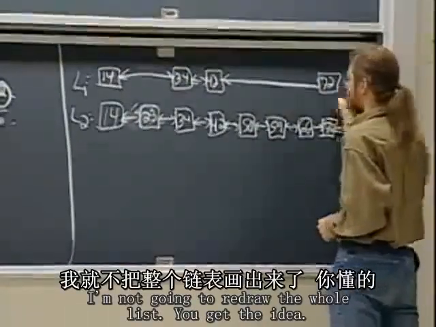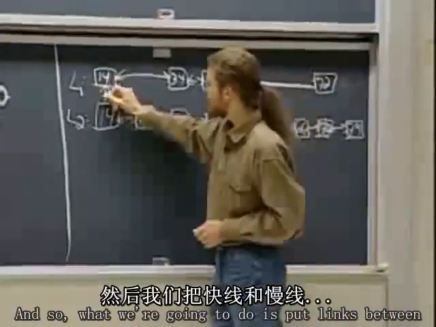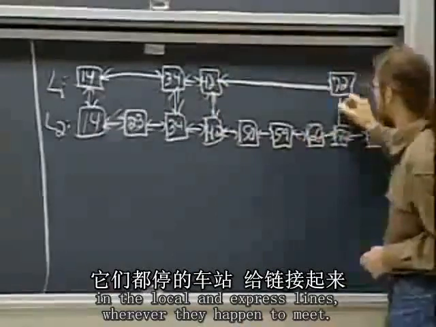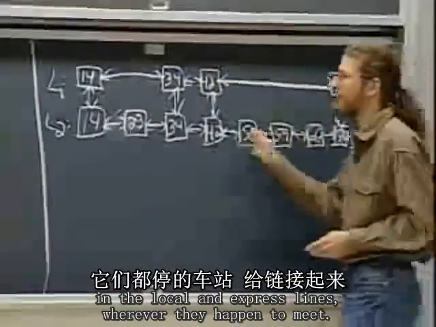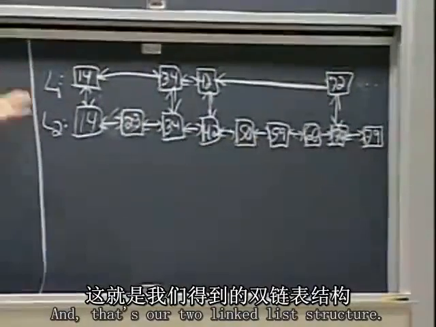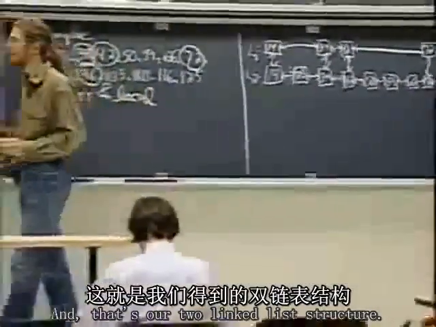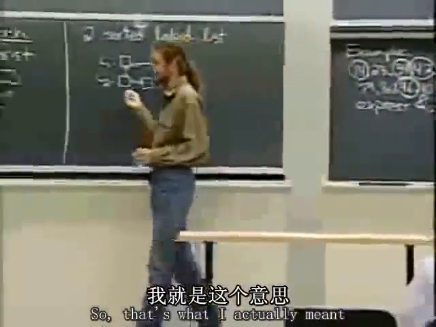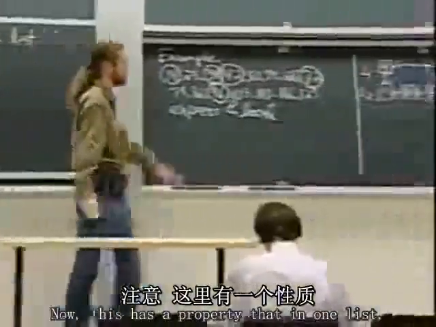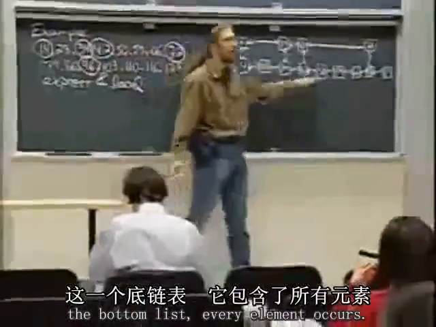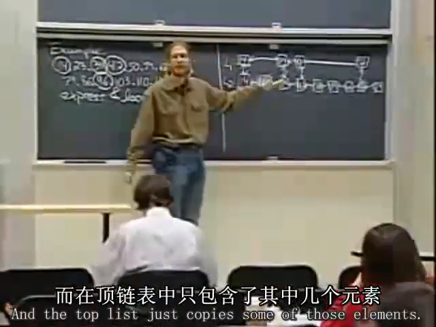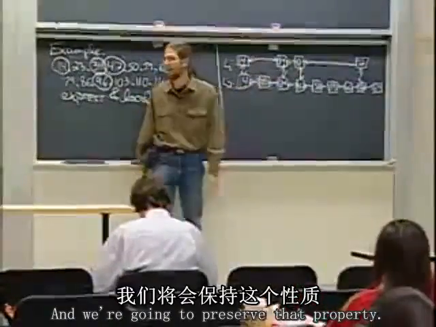You get the idea. And so what we're going to do is put links between the local and express lines, wherever they happen to meet. And that's our two-linked list structure. So that's what I actually meant when I was trying to draw some picture. Now this has a property that in one list, the bottom list, every element occurs. The top list just copies some of those elements, and we're going to preserve that property.